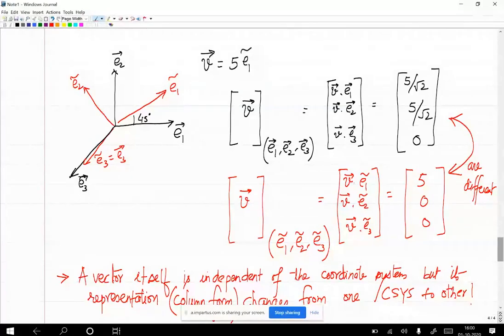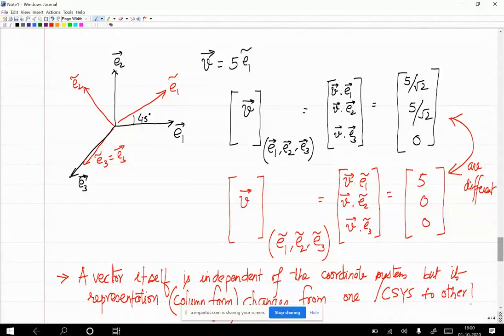A vector and the column form are not the same. A column form is just the representation of a vector. Right, sir.